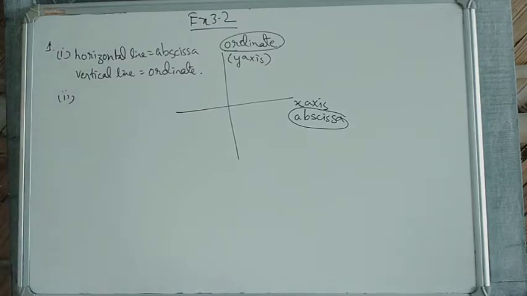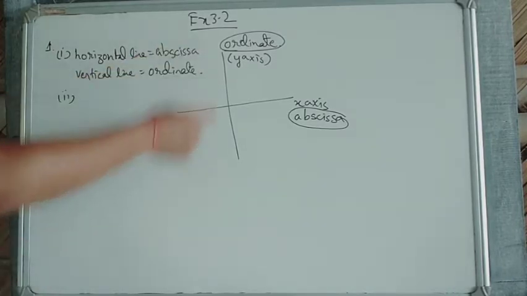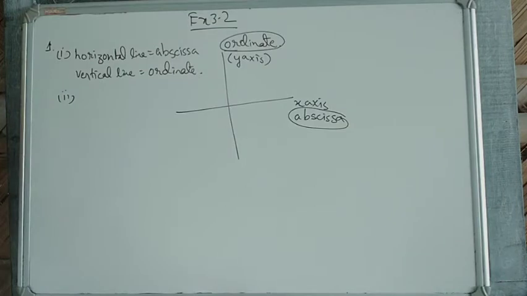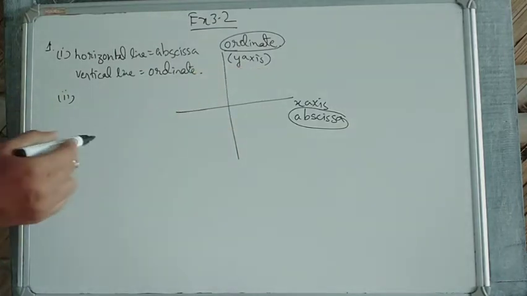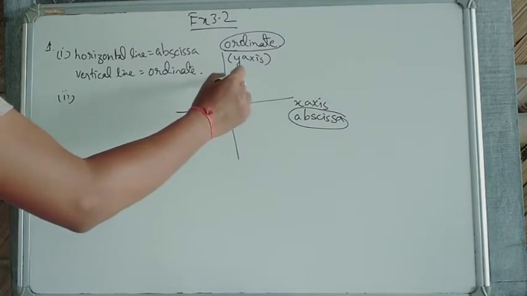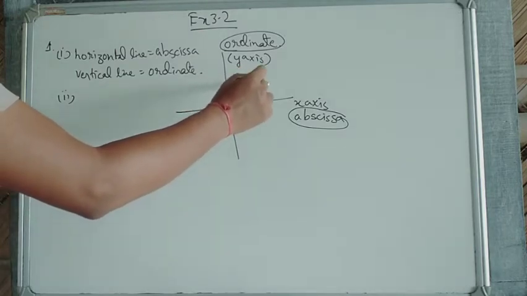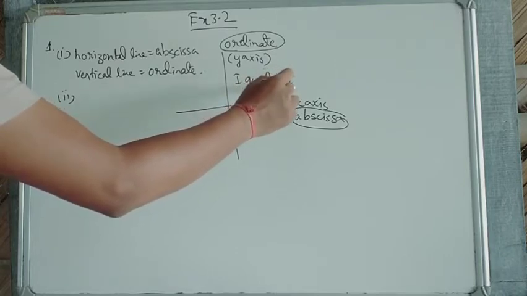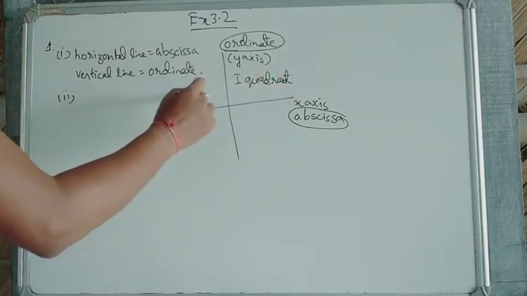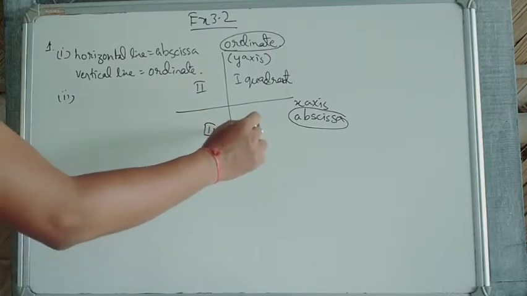Then number 2, what is it saying? What is the name of each part of the plane formed by the two lines? So when these two lines divide the plane, what are the names of each part? These parts are called, as I told you, quadrants. This is called the first quadrant, then the second quadrant, third quadrant, and then fourth quadrant.